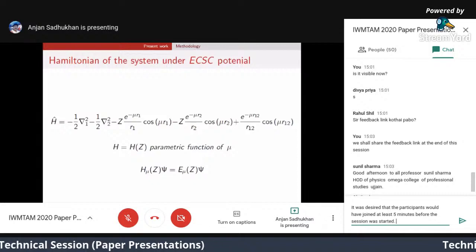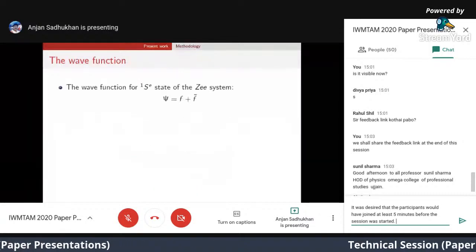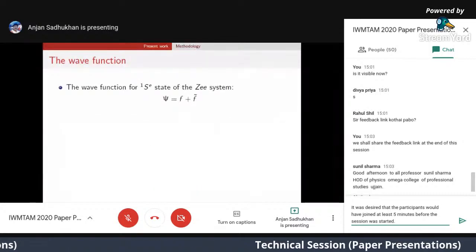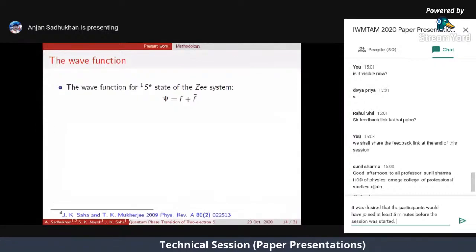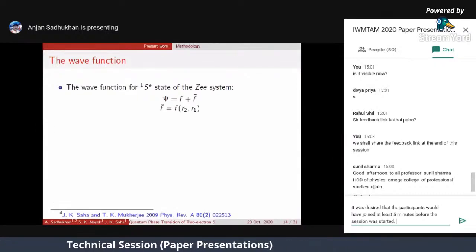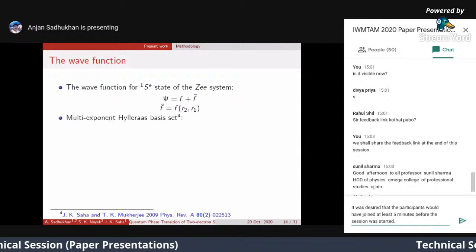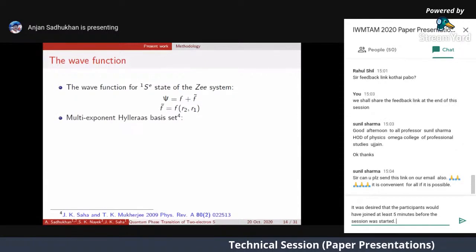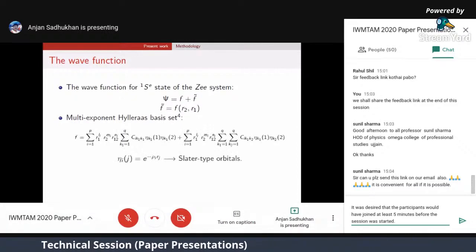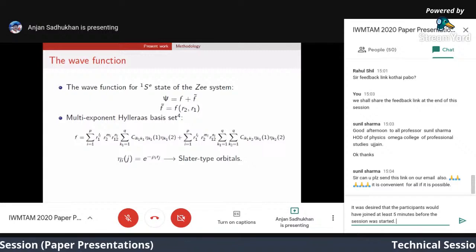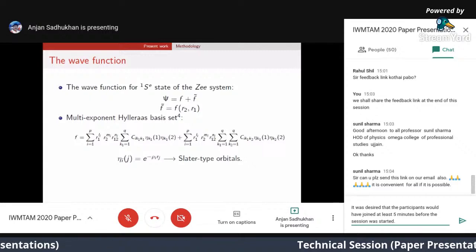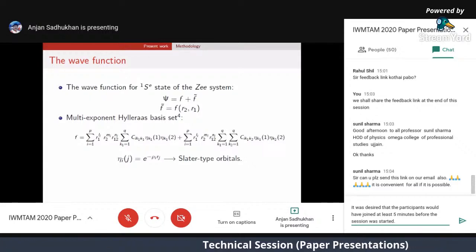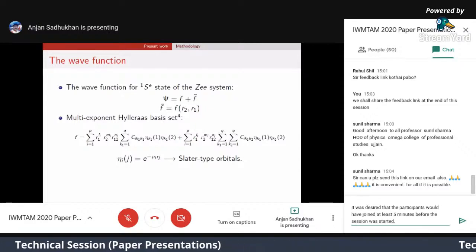And to find out the energy values, we have considered the wave function like this, a multi-exponent Hylleraas-type wave function to incorporate the electron-electron correlation explicitly inside the wave function. Here, eta ij are the Slater type orbitals, where i is the orbital index and j is the particle index.